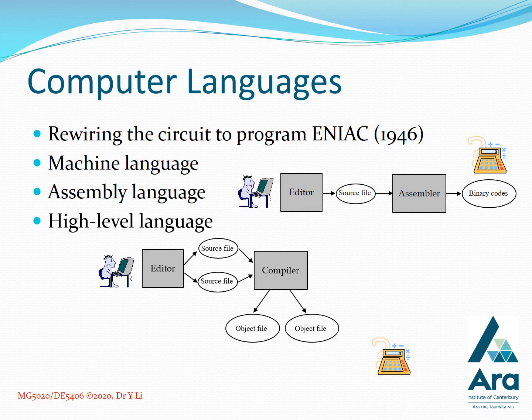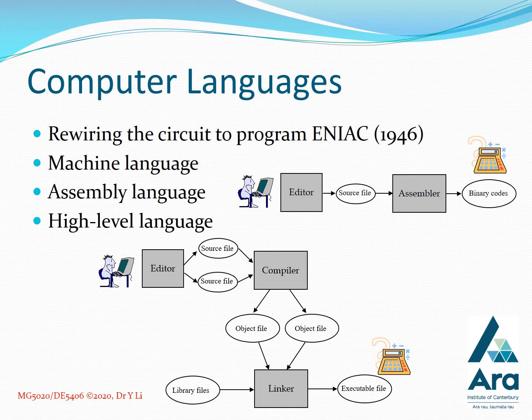The program to convert the source code to object files is called a compiler. We then use another program called a linker to link all object files and library files together and generate an executable file, which the computer can execute.